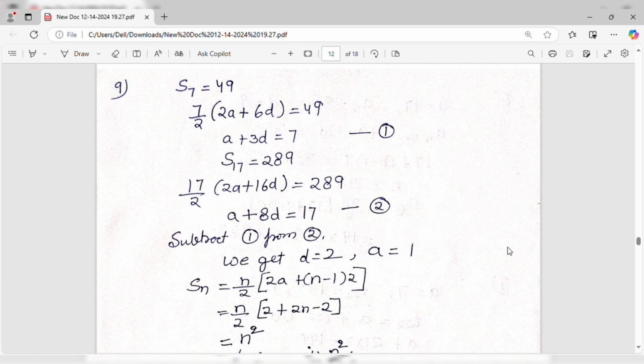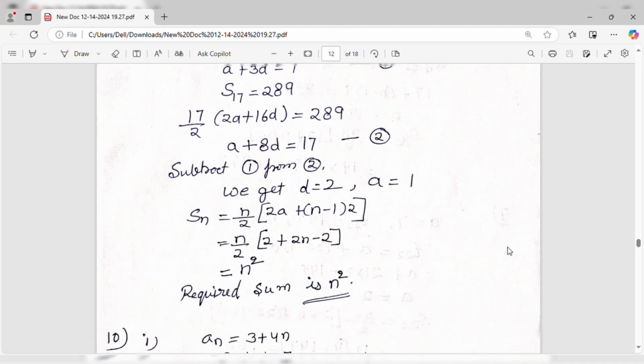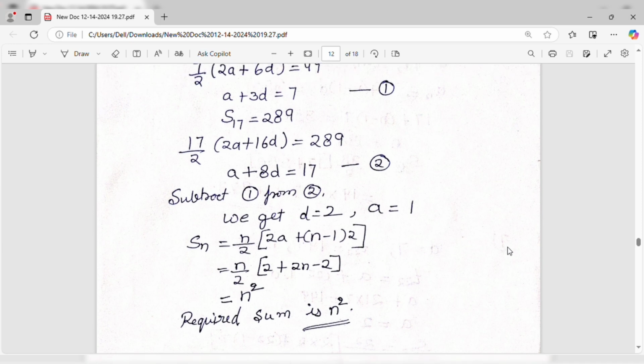You can see on the screen, we will subtract both equations and we will get d as 2 and a as 1. After that we will use the formula Sn, where we put n as n itself, because we are not asked for a specific number of terms, just the sum of n terms. Substituting the other values, we will get the sum as n square.